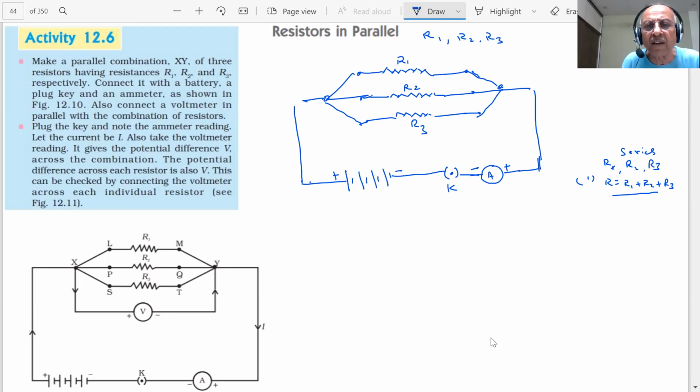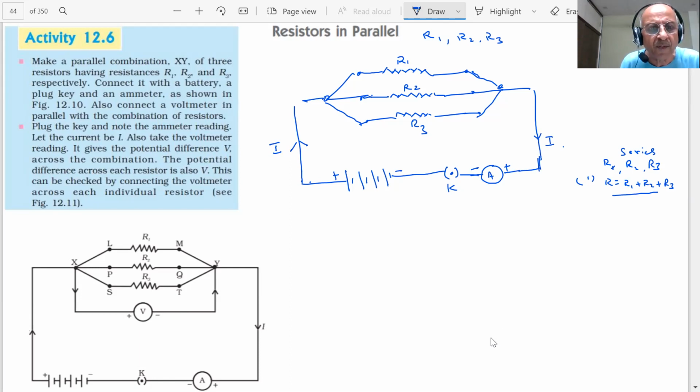Current will flow from where? Electrons flow from negative to positive, current in the opposite direction. So this is the direction of the current I, this I is coming out. This is the ammeter. Now where will we attach the voltmeter?